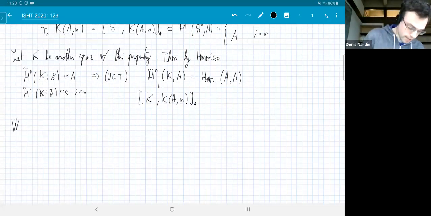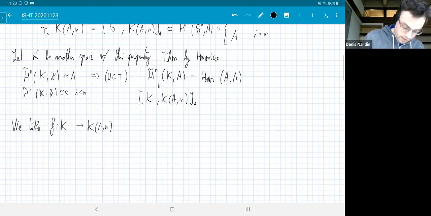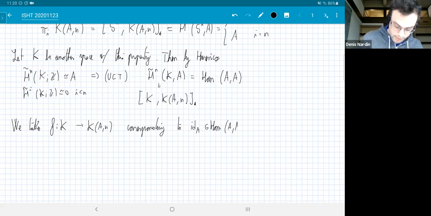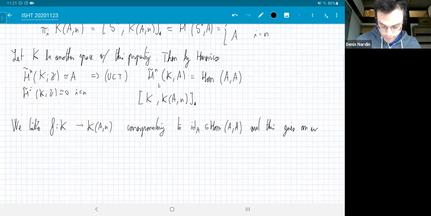And so now we take f from K to KAN corresponding to id A in Hom(A, A), and this gives an iso on homotopy groups.